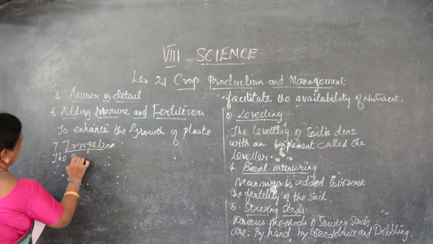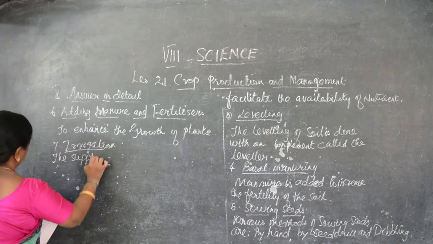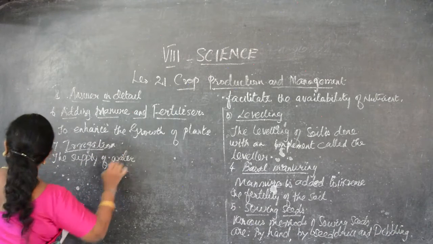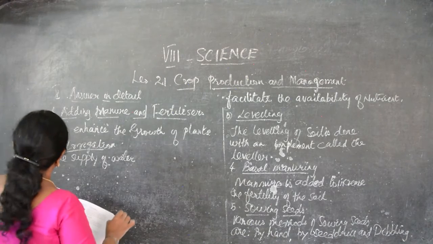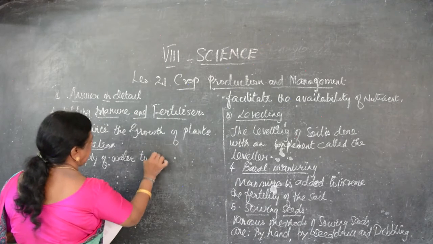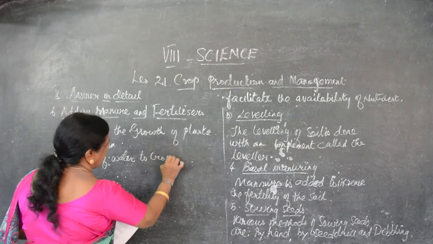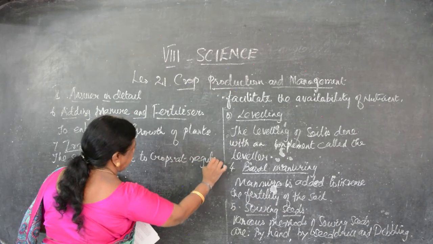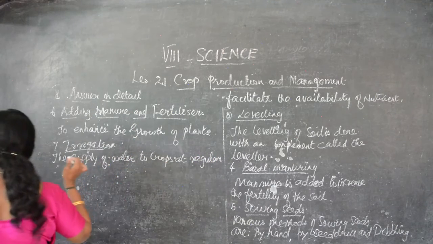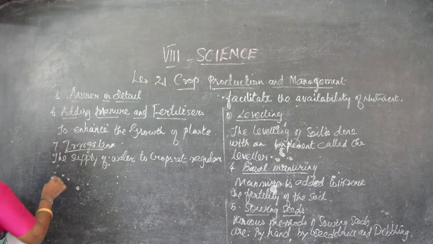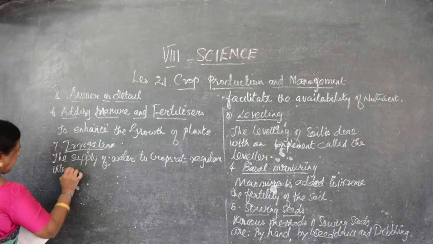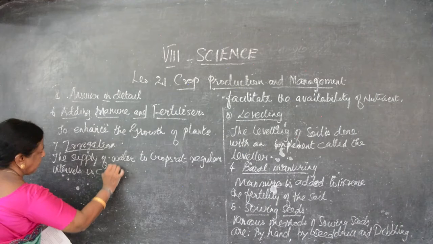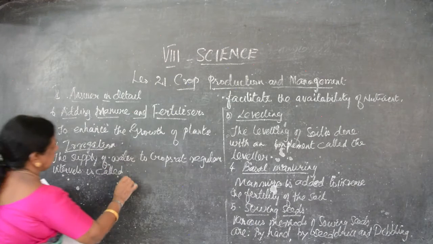The supply of water to crops at regular intervals is called irrigation.